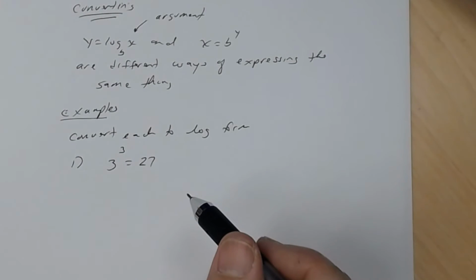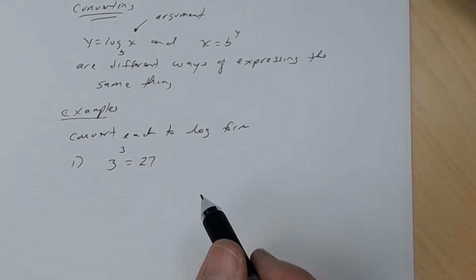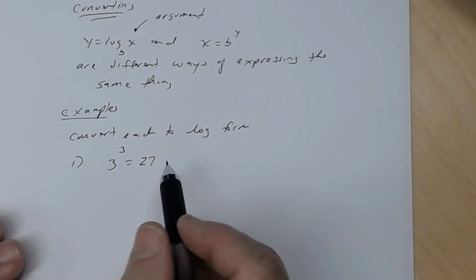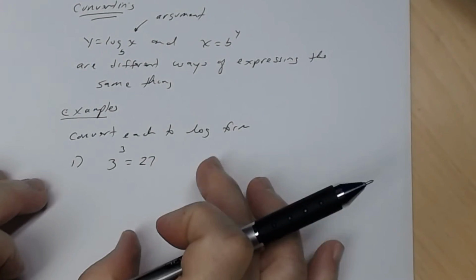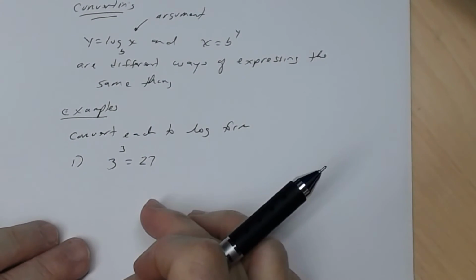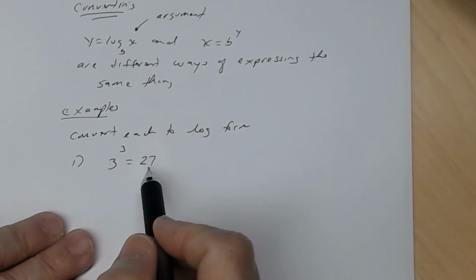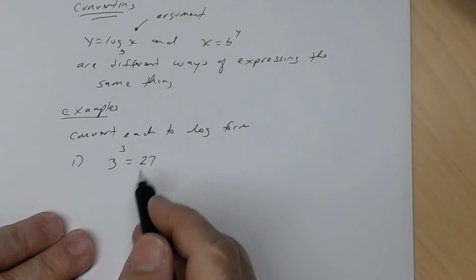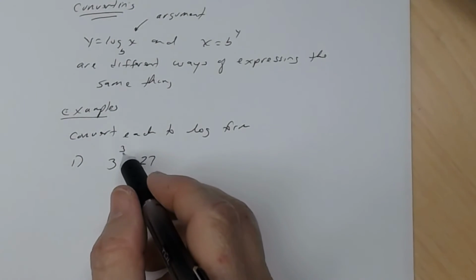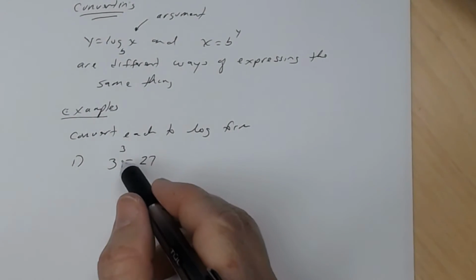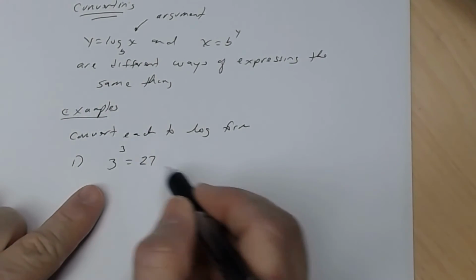We're going to start out with some easy ones, and then the next lesson will become a little bit more complicated. But you have to understand these before you can do the next lesson. So I want to convert this to logarithms. We know that 3 cubed is 27.